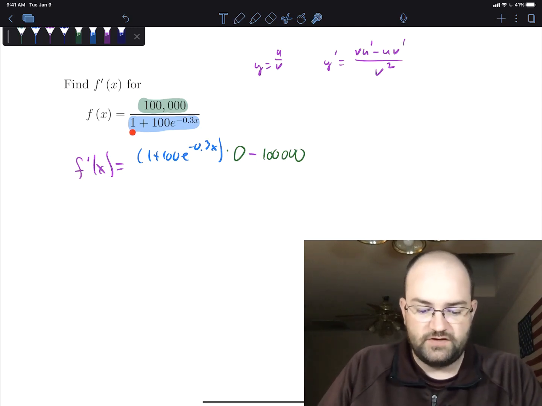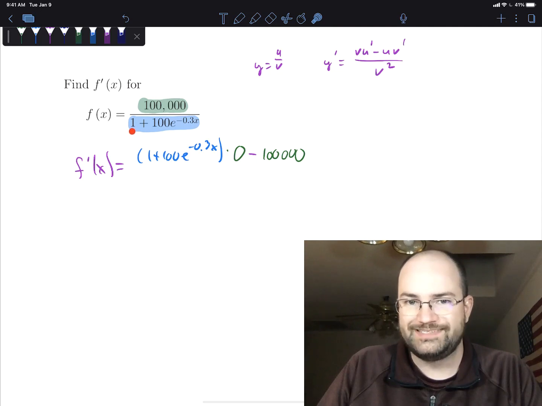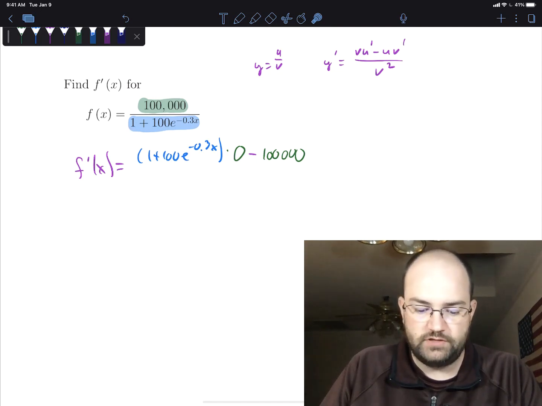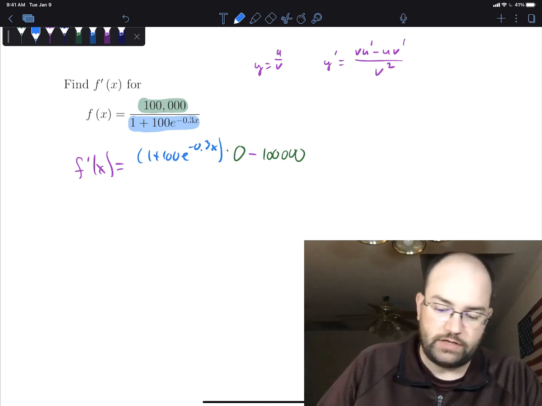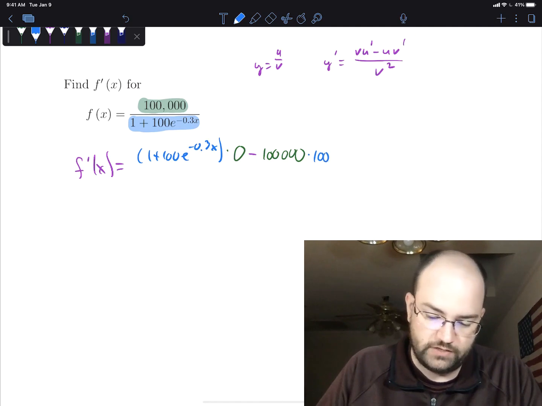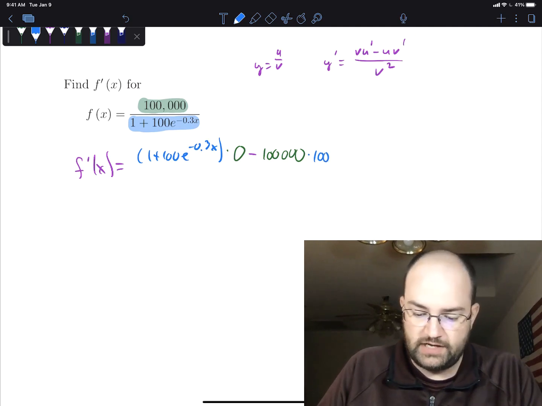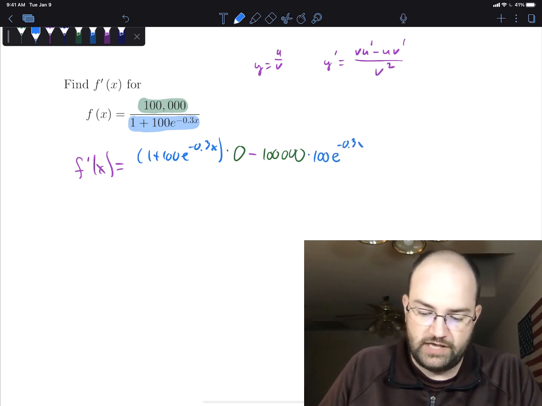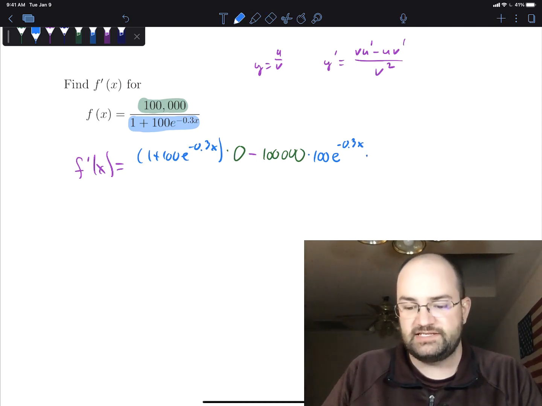Now in the bottom, first we have the 1, and the derivative of 1 is 0. Then we have 100 e to the negative 0.3x. There is an exponential here, and there's also a 100 there. So I'm going to rewrite the 100, so times 100, and then just rewrite e to the negative 0.3x, and then multiply by the derivative of the exponent.